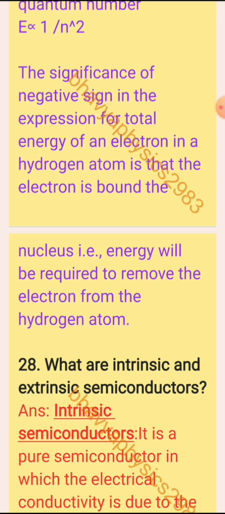If it is positive, it is away and not bound to the nucleus. If it is coming out of the system, its energy will be positive. If energy is negative, it is bound to the nucleus. That's why the electron must have negative total energy.